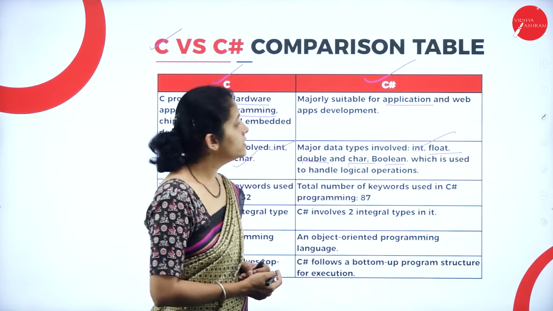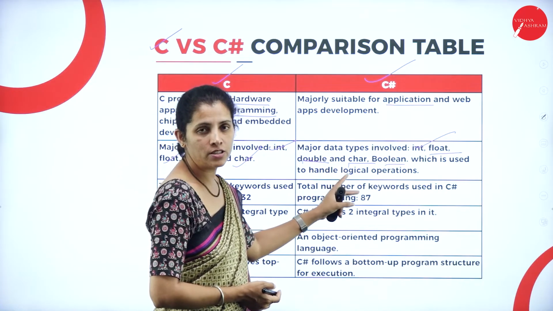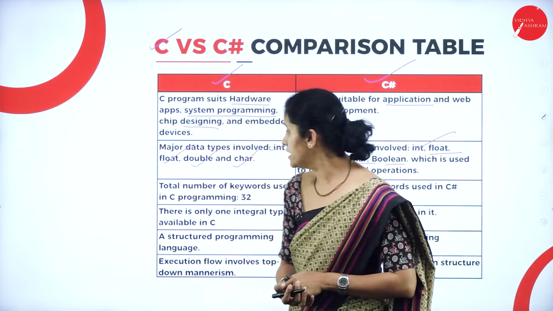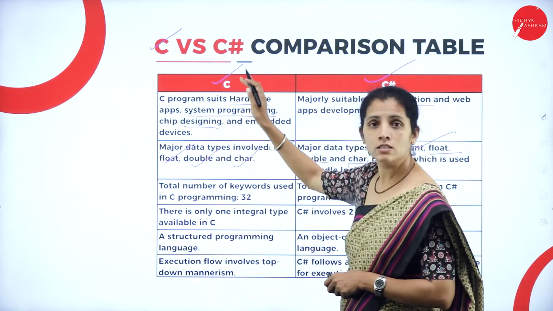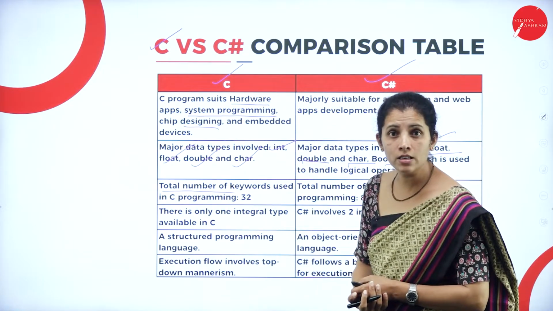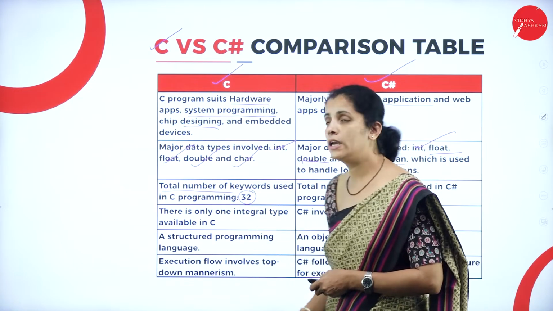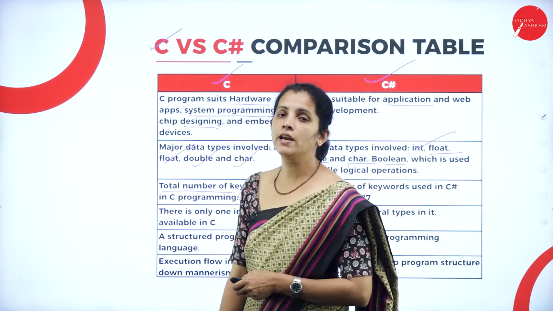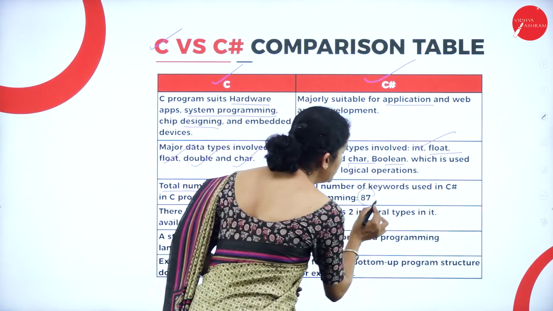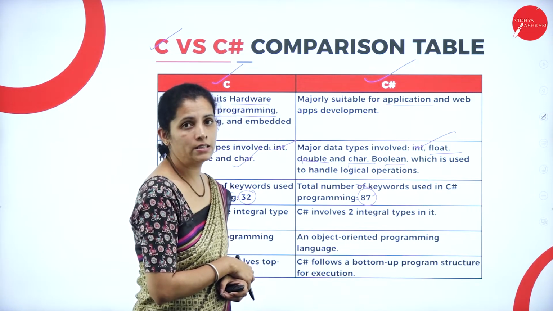Along with that, it's used to handle logical operations. Now, the third comparison is the keywords. The total number of keywords used in C programming is only 32. And in C# programming, we get 87 keywords.